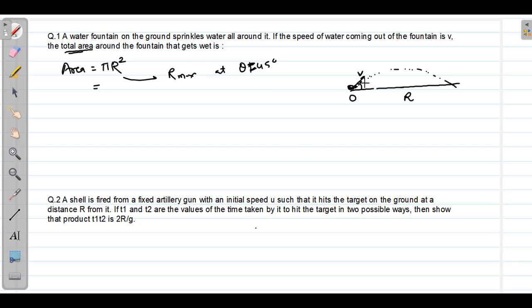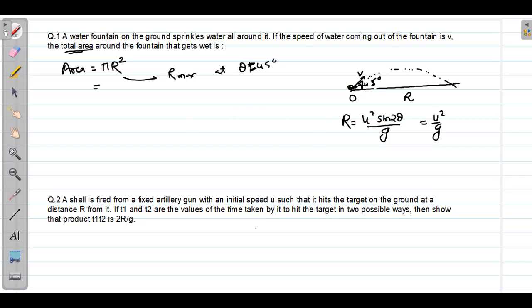If this angle is 45 degrees, then R will be maximum. And for this R, we know the formula: range is u square sine 2 theta by g. If theta is 45, then 2 theta is 90, and sine 90 is 1. That means range is u square by g.